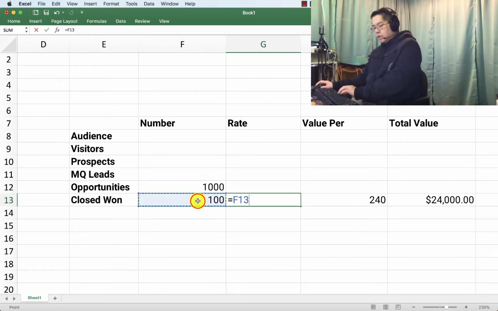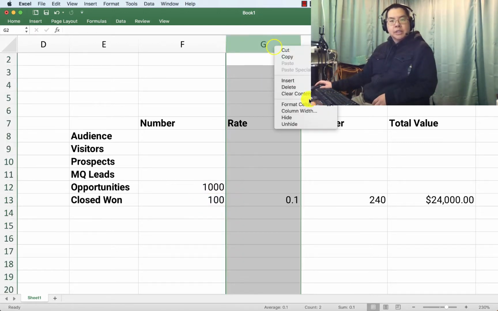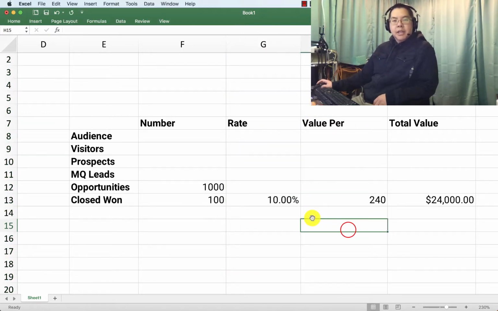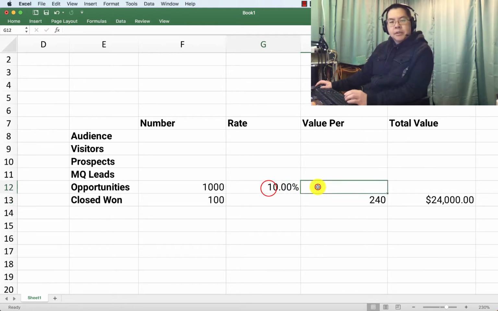So that's our ability to close. How well can we close a deal? Let's go ahead and make this a percentage so that we're on the same page. And now, actually, let's move that up one cell because I wanted to put this here.